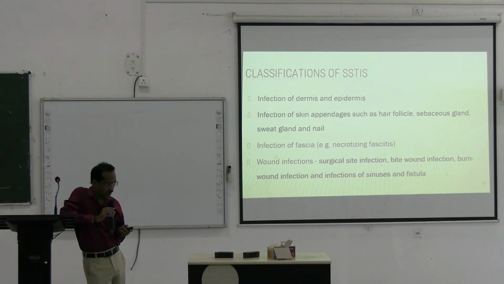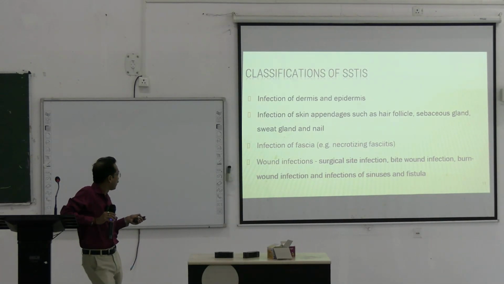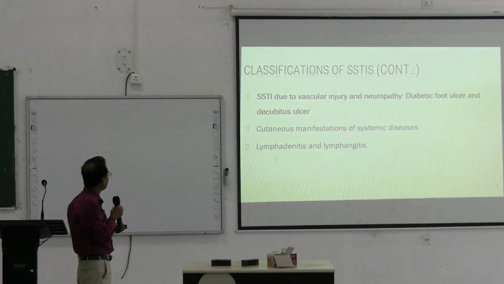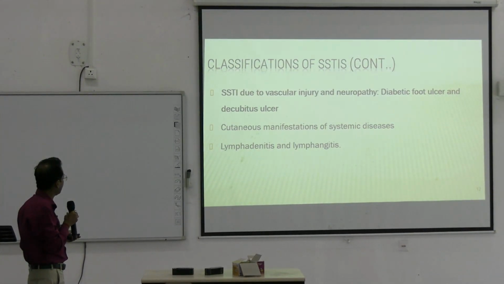Good. That is one. Wound infection, maybe surgical site infection, bite wound, burn wound, and infection of sinuses or fistula. This you should know. Vascular injury may lead to skin infection, diabetic foot, decubitus ulcer, and some manifestation of systemic disease.